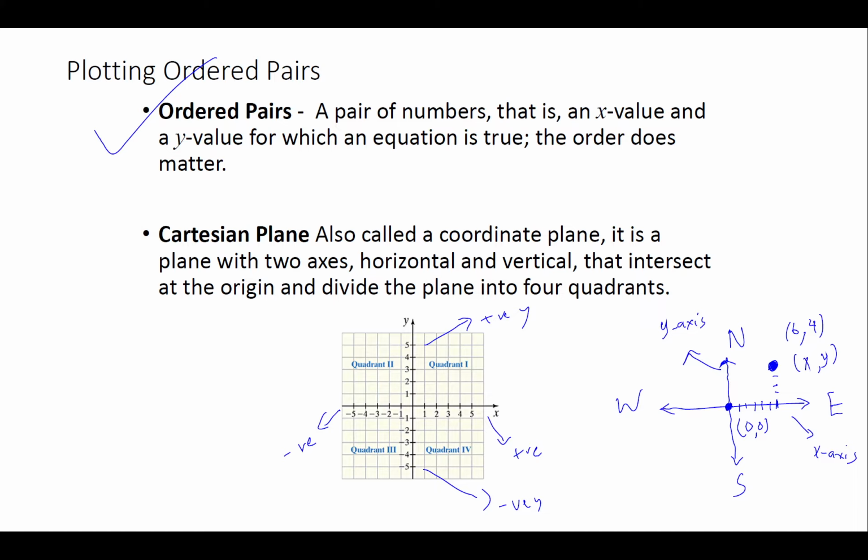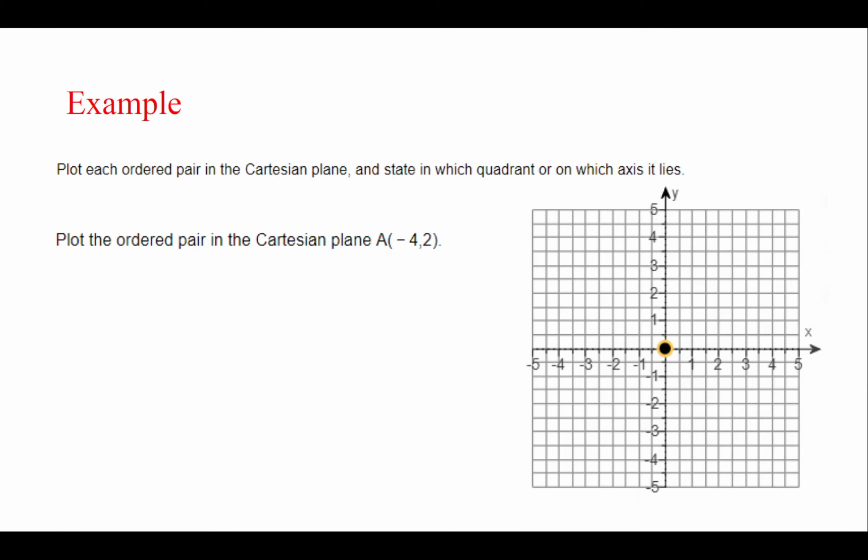Here you have negative x but positive y. Here you have negative x and negative y. Here you have positive x and negative y. This coordinate system can be used to go from one location to another. So the main thing we need to understand in this section is how to plot a point.